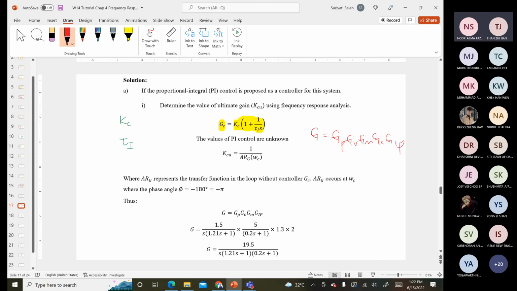You have 5. The problem here, GC is unknown, because you don't know the parameter. So we exclude the GC first. We just use the GP, GV, GM, GIP. That's why in this case, you can find this is the equation. G equal to GV, GM, GP, and GIP.